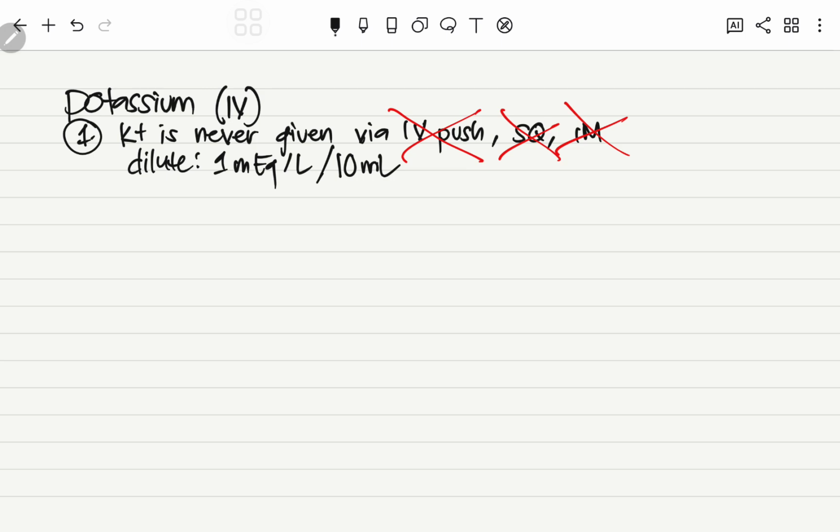It could be sterile water or any diluent that's prescribed by your doctor or primary healthcare provider, in the case of NCLEX.